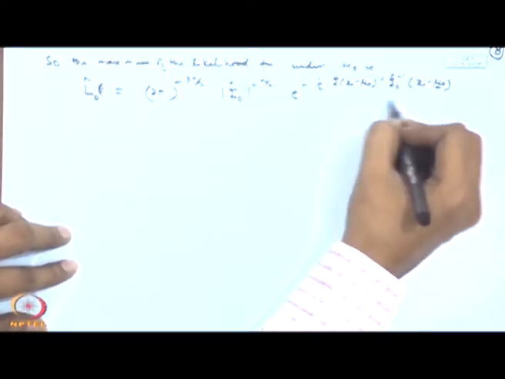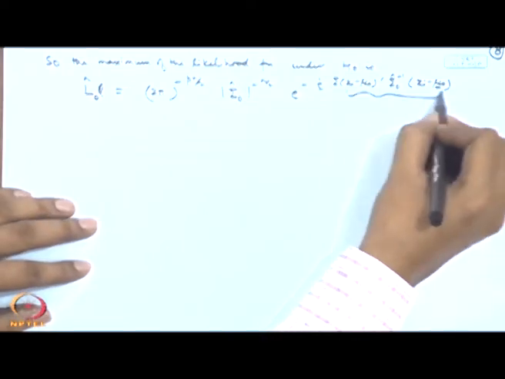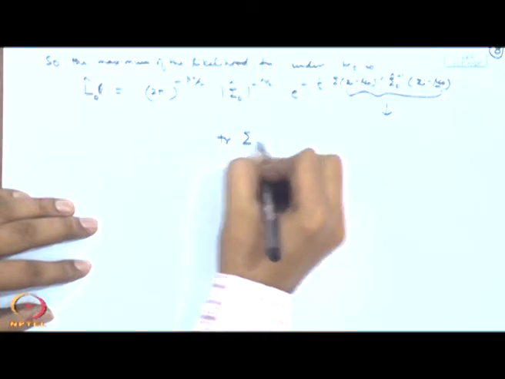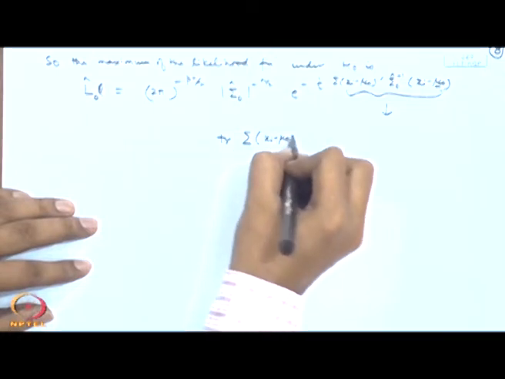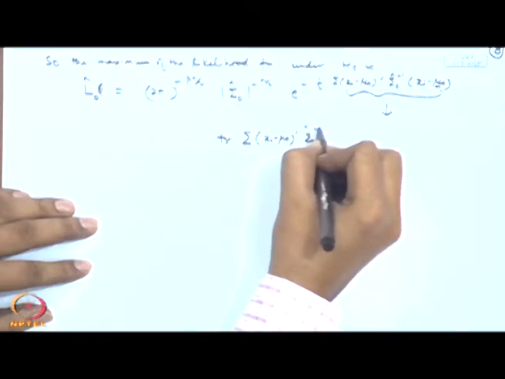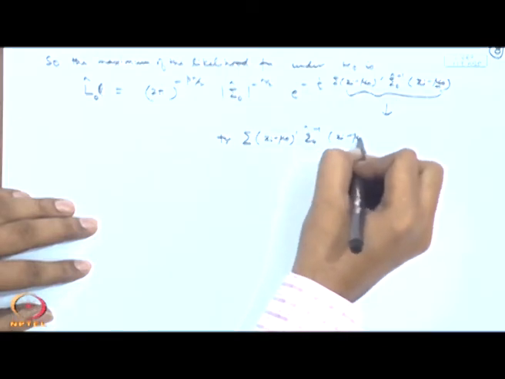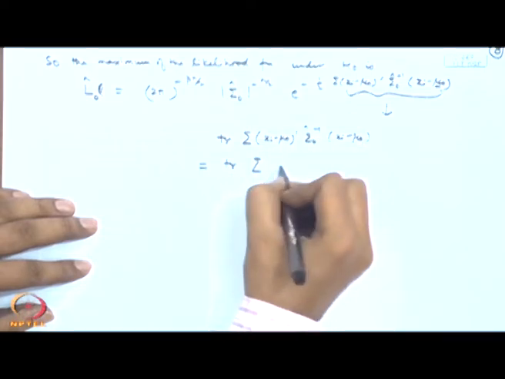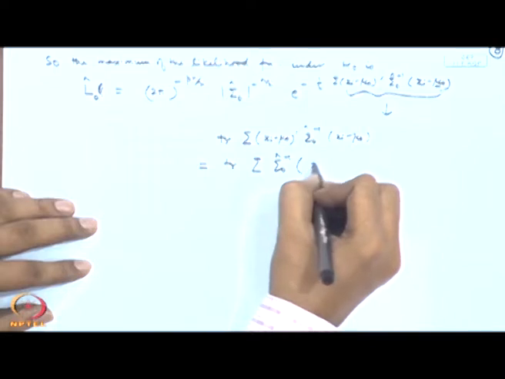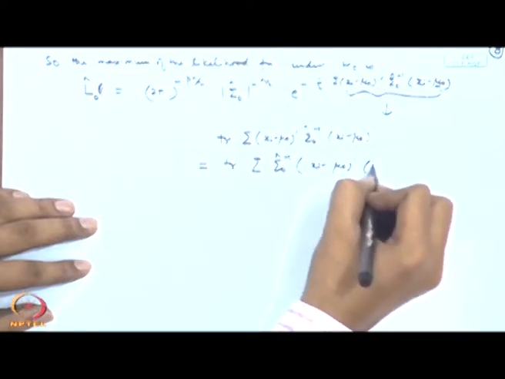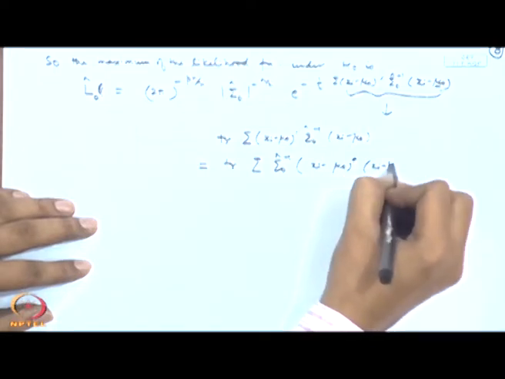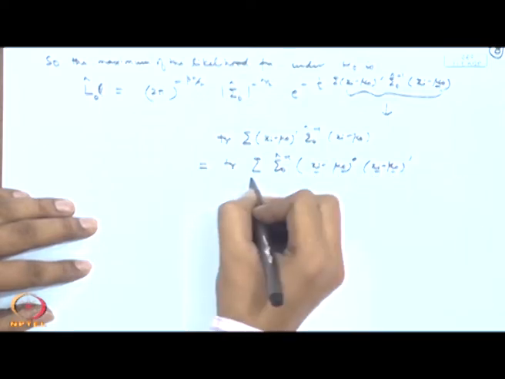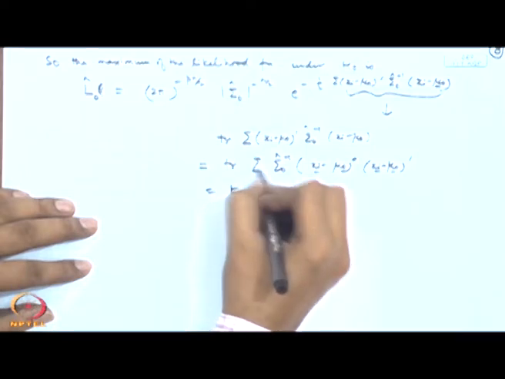Now, if you look at this term, this is actually a scalar term. So, we can also consider it as the trace of this term. Now, this I can write as trace of Sigma naught hat inverse (x_i minus mu naught) prime (x_i minus mu naught)(x_i minus mu naught)(x_i minus mu naught) prime. Now, this sum I can take inside.